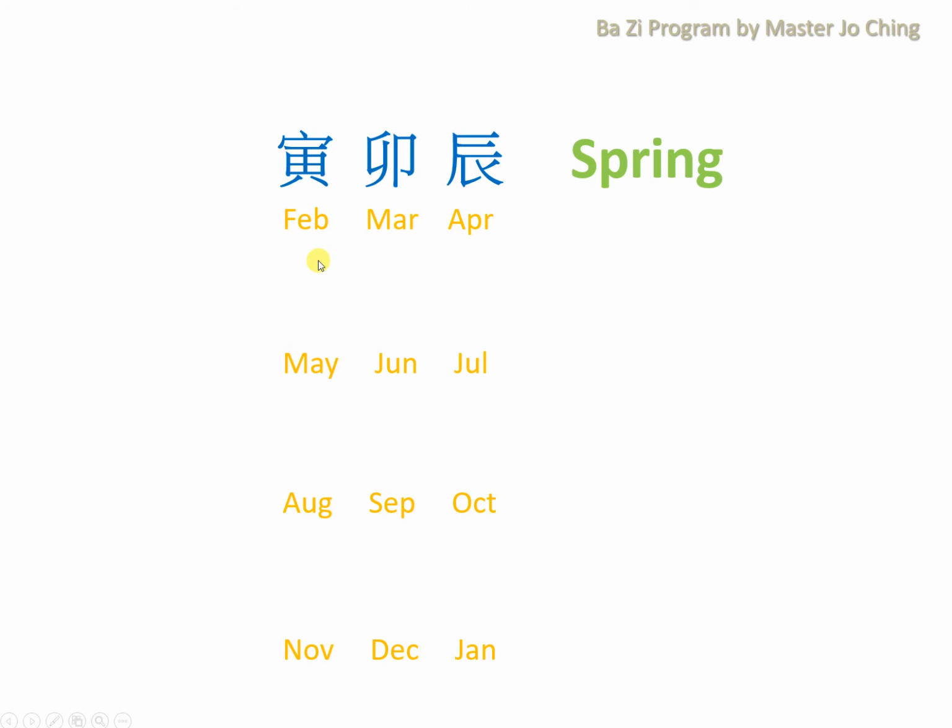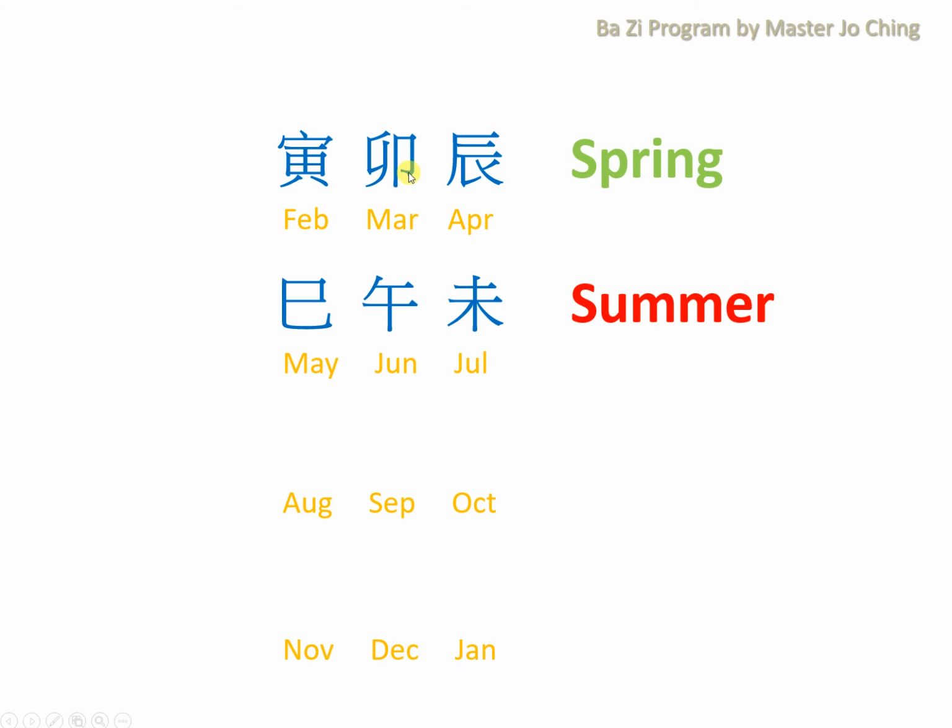So just follow me. In terms of presentation, you always see a wood followed by an earth. February, March, April, we call it spring, and spring is governed by wood qi or wood energy. Next we have the summer season, which is 巳午未. Because 巳 and 午 are fire elements, we have fire, fire, earth again.